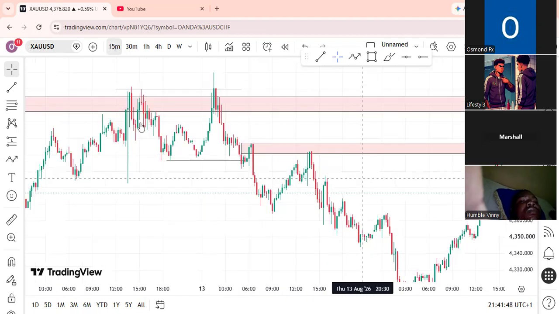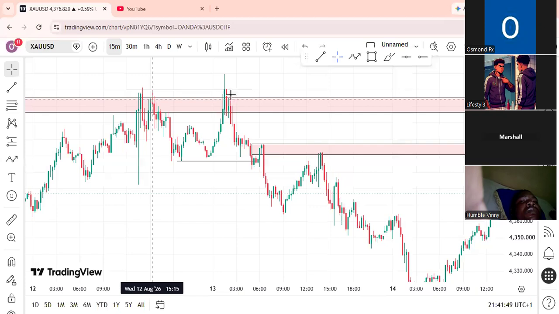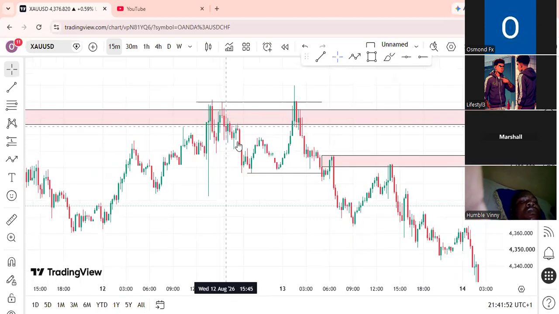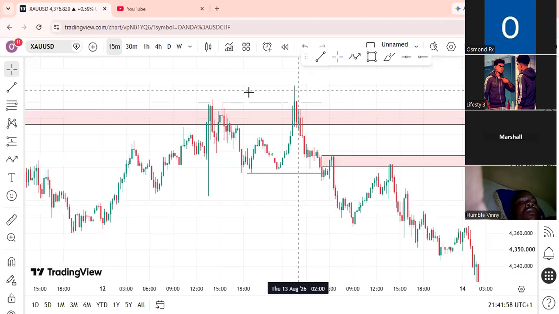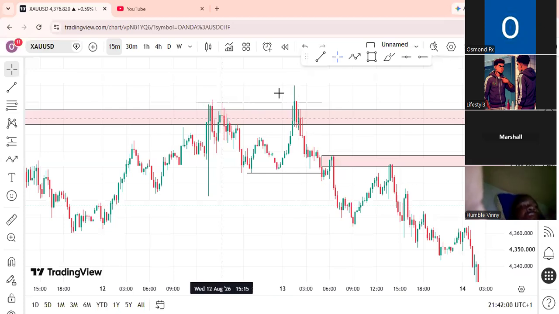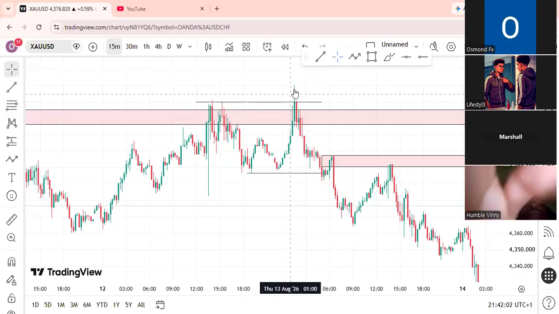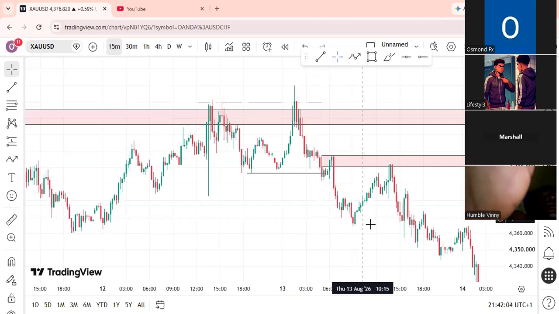That is what happened in this area also. The market started selling here, and obviously had to come back to take out all their stop losses. A lot of people jumped on the sell from here, the market took out their stop losses immediately, and then started selling to the downside.